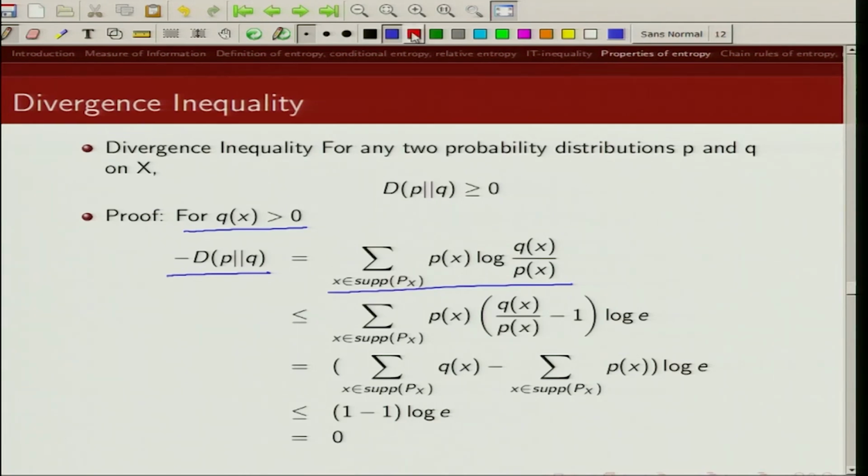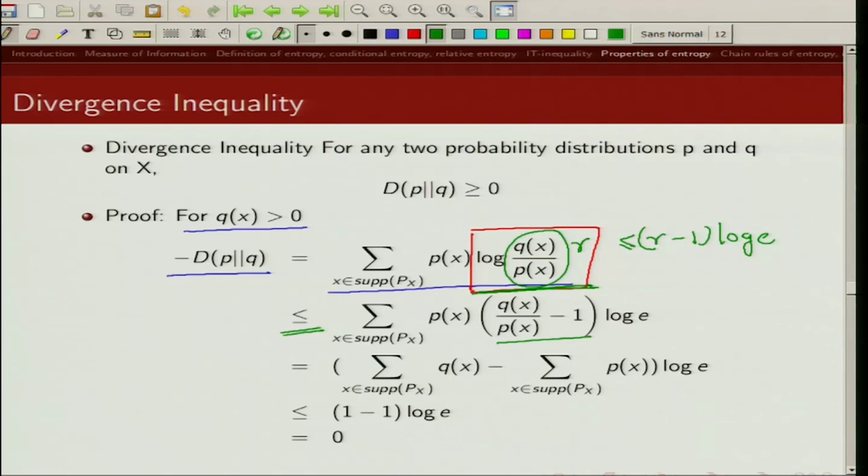Now I will again make use of the IT inequality. Think of this as my R. So I have log of R. Now log of R is less than or equal to R minus 1 times log of E. So I will make use of the IT inequality. So then this particular term is less than or equal to R minus 1 times log of E. Okay.